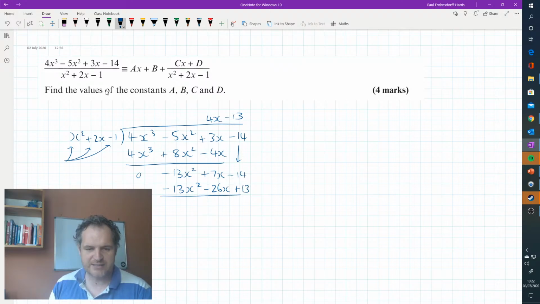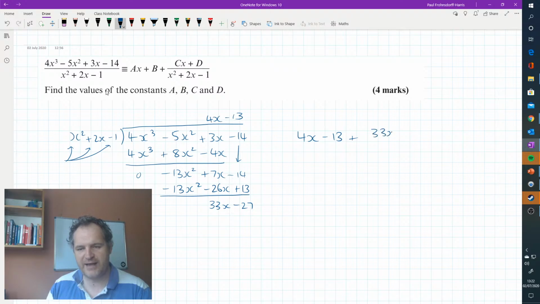So when I subtract, 7 minus a minus is 33x, and minus 14 minus 13 is minus 27. This gives me a solution of 4x minus 13 plus 33x minus 27 over x squared plus 2x.